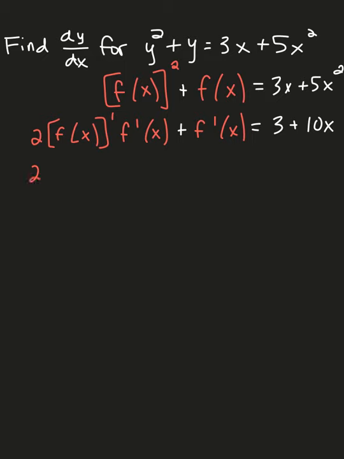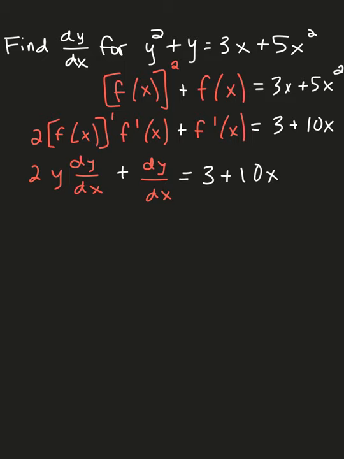From here, we have our chain rule, and I'm actually going to replace the f of x now with a y, and the f prime of x with dy dx. So we have 2 times y to the first power, but we don't need to write that, dy dx plus dy dx equals our right-hand side. Now, all that substituting of f of x, we can just skip.